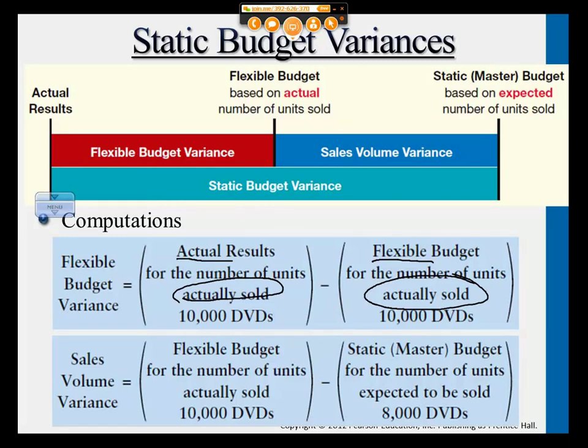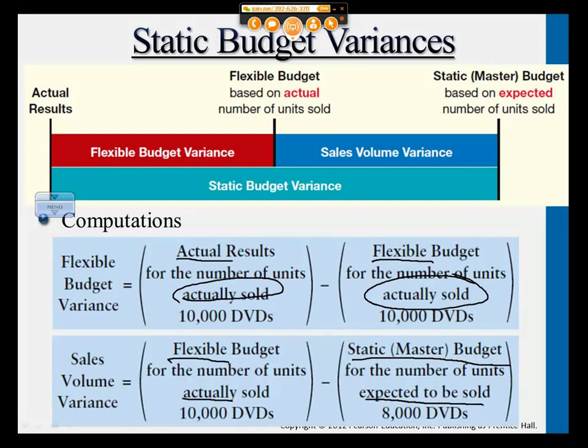And for the sales volume, what I'm going to look at is my flexible budget and my static master budget. But it's not the same. It's not the actually sold. Actually sold is only in the flexible budget, where I'm going to look at one of the relevant range numbers, and I will be comparing it to the number of units that are expected to be sold.